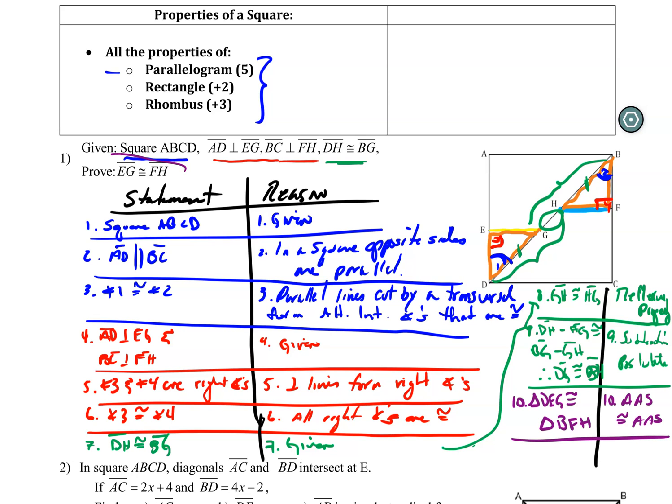And last but not least, our whole goal here was to prove EG was congruent to FH, which, as we started out, are the sides of the two triangles we just proved. So EG is congruent to FH, and my reason would be CPCTC.